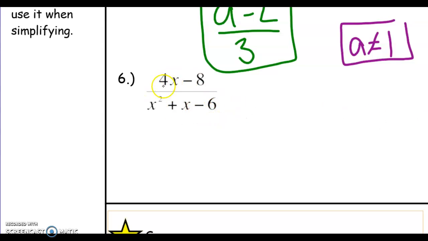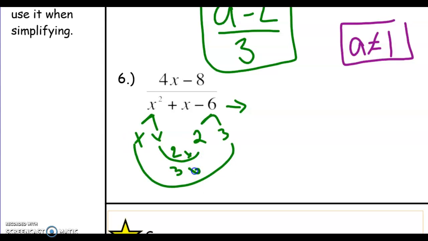This one, look right here. I have to factor this first. So what multiplies to give you negative 6 but adds to give you positive 2? I think 3, 2, x, 3x. Who has to be positive?